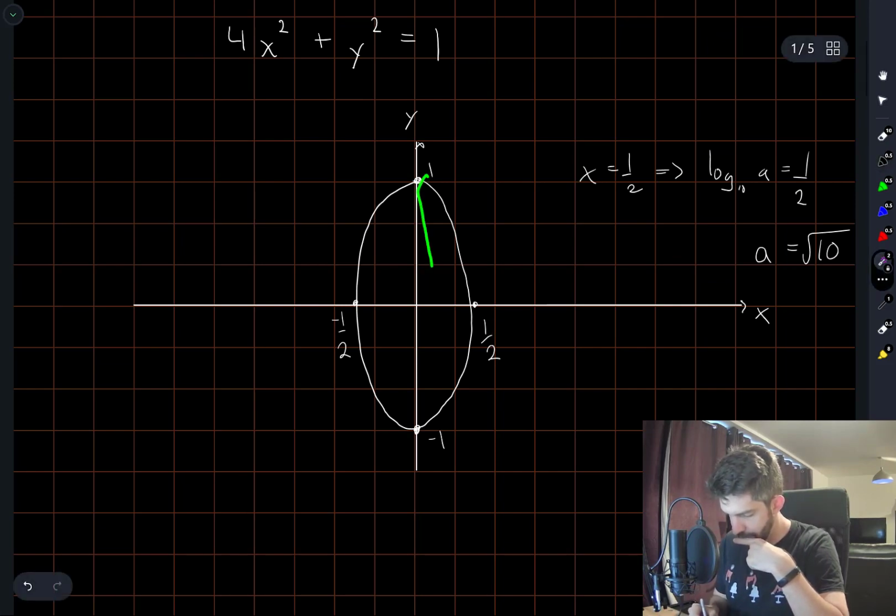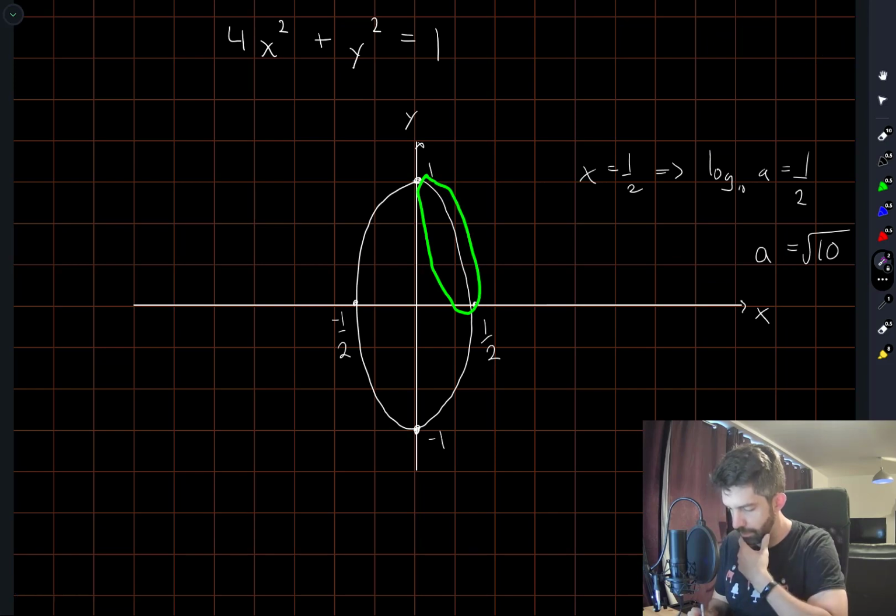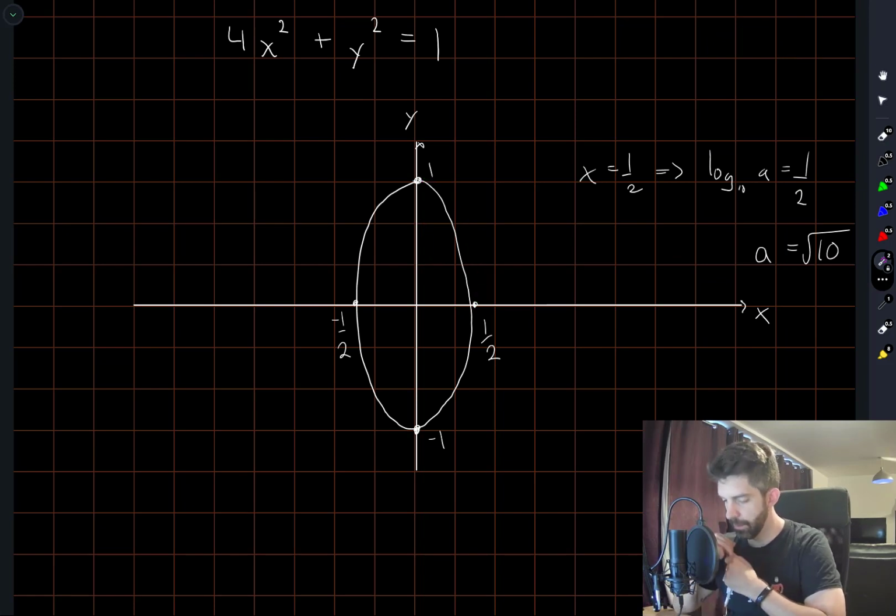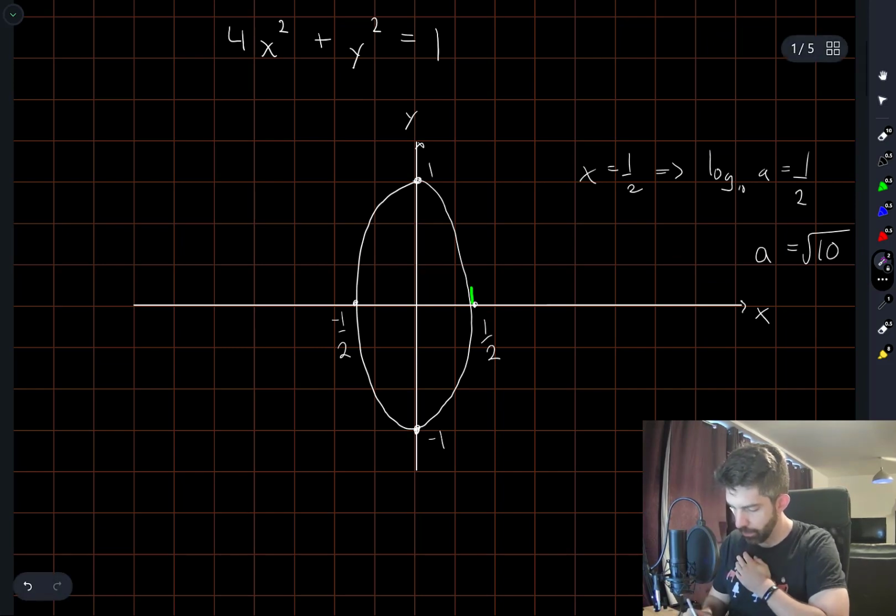Certainly if we take the simple quadrant here where x and y are both positive, then along this curve, a will be less than root 10, right? This point here corresponds to x equals 0. If x equals 0, then a will be equal to 1. But what happens if x is negative? That just means a is less than 1.